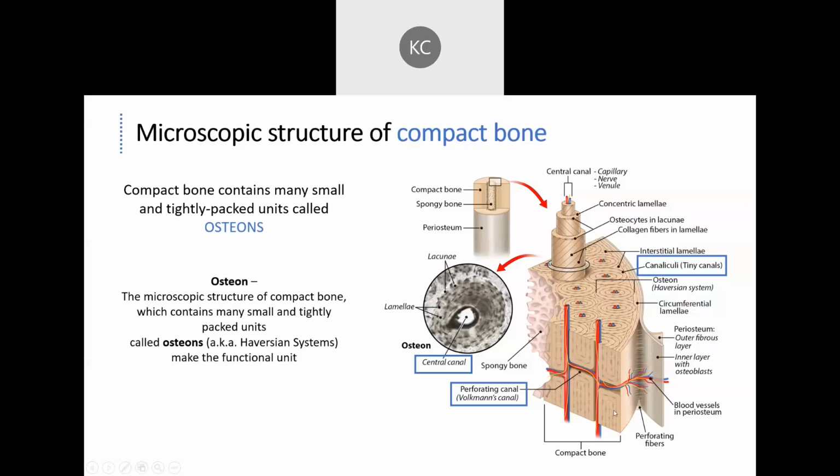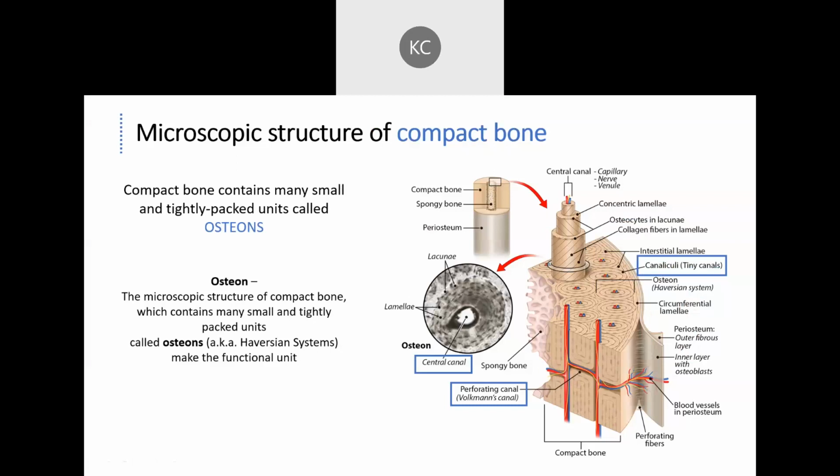In this lecture, we're going to start by looking at what is known as the osteon. In previous lectures and in previous parts of this lecture, we've mentioned the idea of compact bone versus trabecular bone, or spongy bone, or cancellous bone.